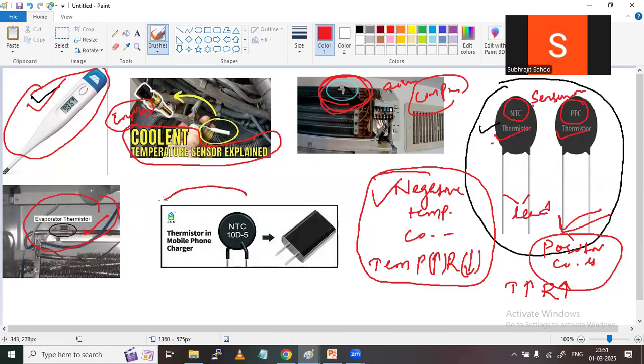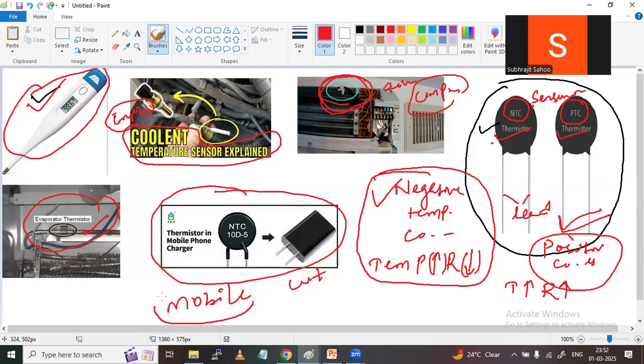Very interestingly, in the mobile charger also you are using a thermistor. If the mobile charger gets heated, the current will automatically be cut. For a few moments the current is cut, and the charger comes back to its normal temperature. We can also use it in mobiles. Mobiles sometimes get overheated.